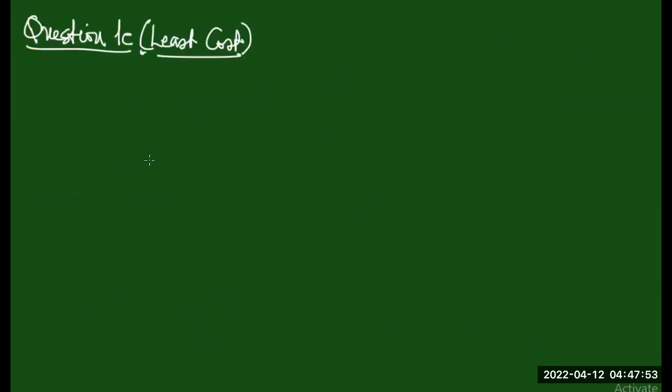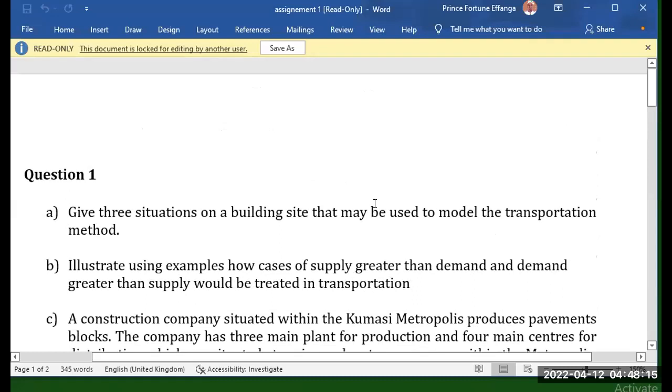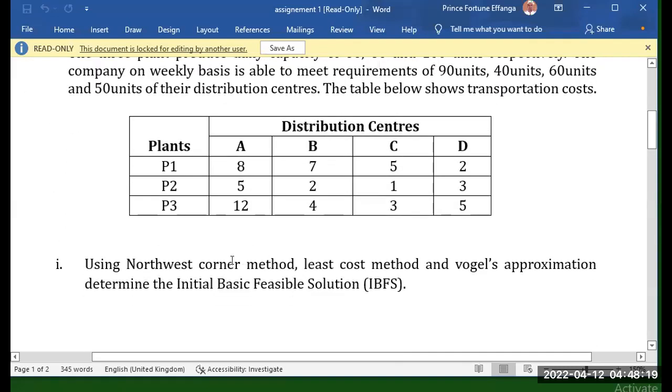Hello, sir. Yes, please. Yeah. I'm saying that I'm just lost. We are solving this question. Okay. This is assignment 1. So we're doing the calculation here. We are asked to use this problem, solve using northwest corner method, use least cost and Vogel's approximation.